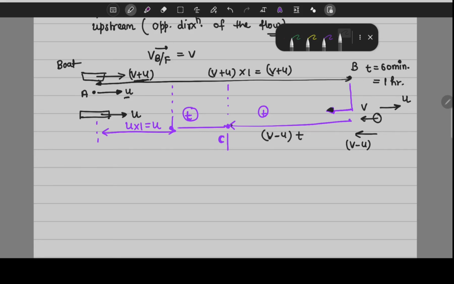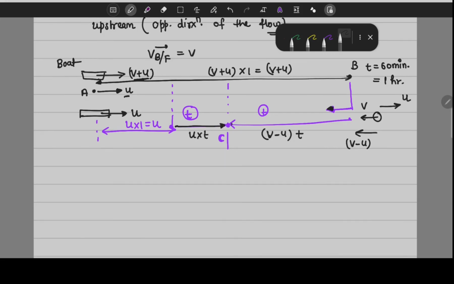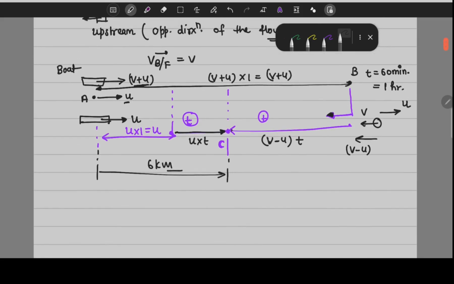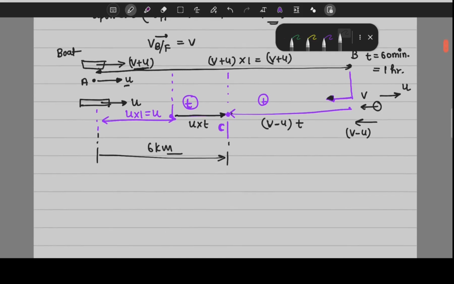And what is the distance traveled by the raft? That will be u into t. Okay, and it is also saying that the distance from point A is how much? It is 6 kilometer. Okay, so we can write several equations and then we can solve to get the answers.